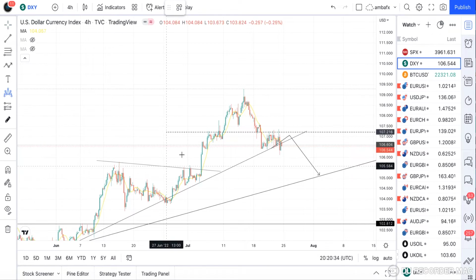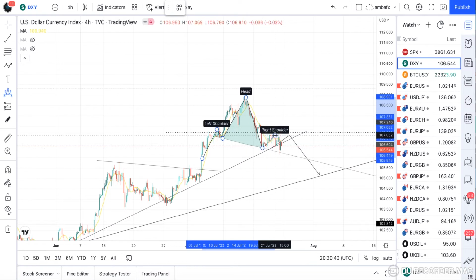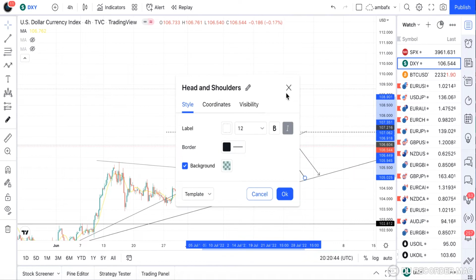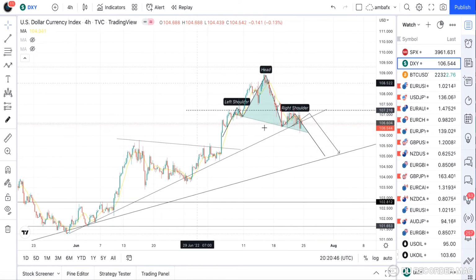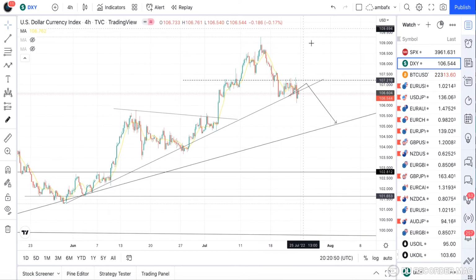Head and shoulder, you see. So we should see a sharp decline to that particular level, as you can see. So let's eliminate this.